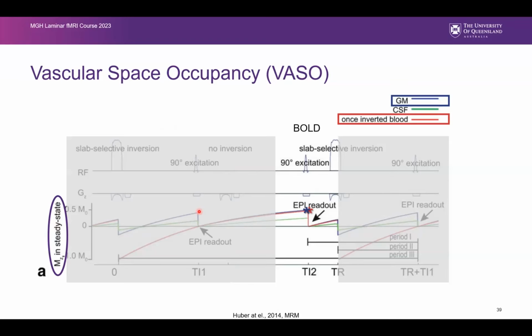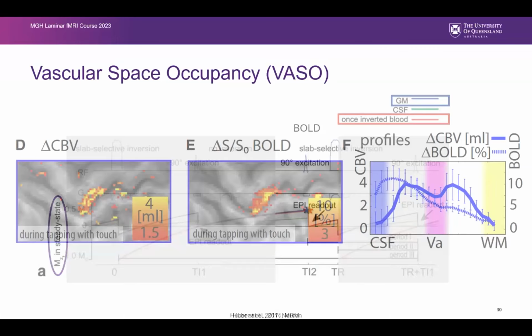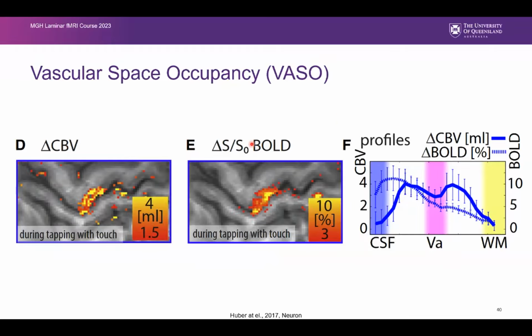And if you let the magnetization relax further, you can also acquire a standard EPI readout with a standard BOLD readout. And then, as I said, it's sensitive to T2* and gives you the contrast you're most familiar with. And then you can just keep repeating that. And if you do that, you can measure changes in CBV and also signal changes using a classical BOLD contrast.